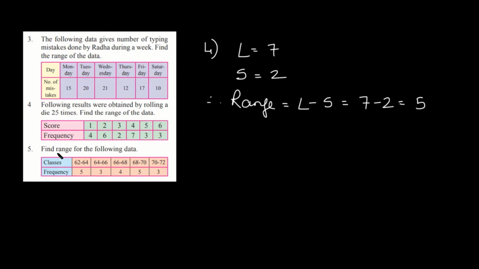In the fifth question, find the range for the following data is given. Now, as you can see, over here the frequencies are grouped actually. The classes have an upper limit and a lower limit. So, only in the fifth question, we'll follow a slightly different method for finding the range. In this case, L is equal to the upper limit of the highest class.